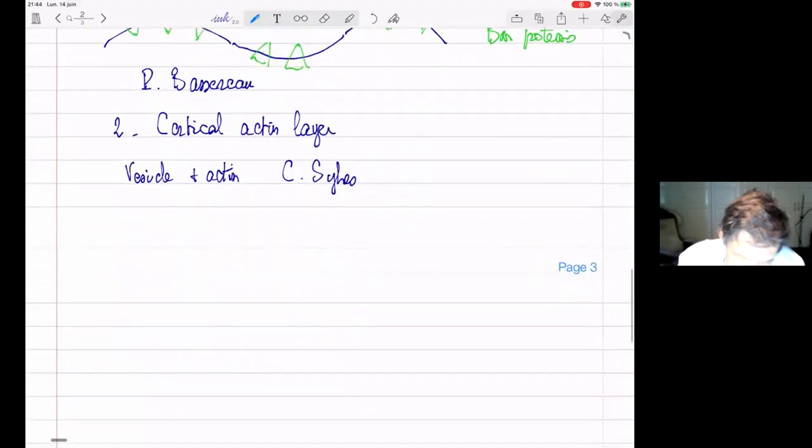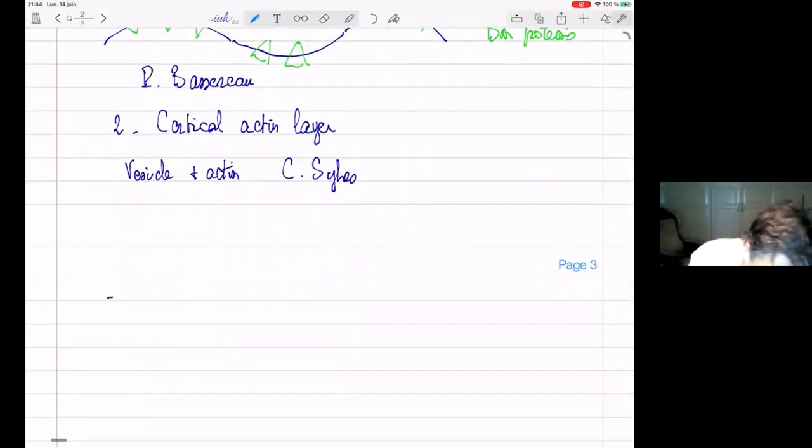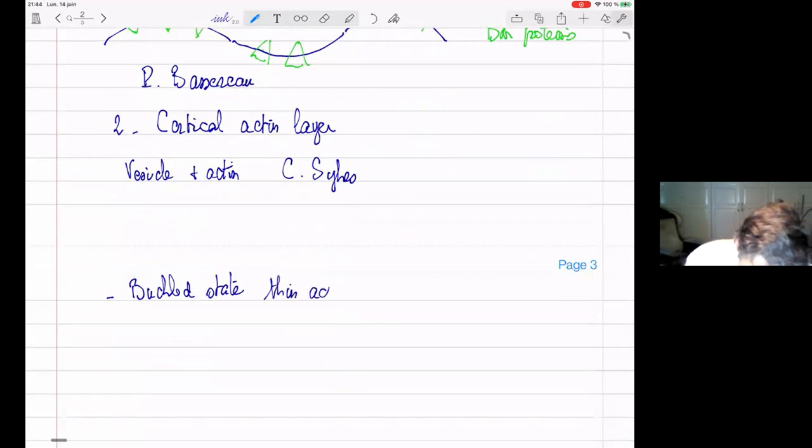So there are 2 states, what I will call the buckled state for thin actin layer, and what we call the wrinkle state for thick actin layers.